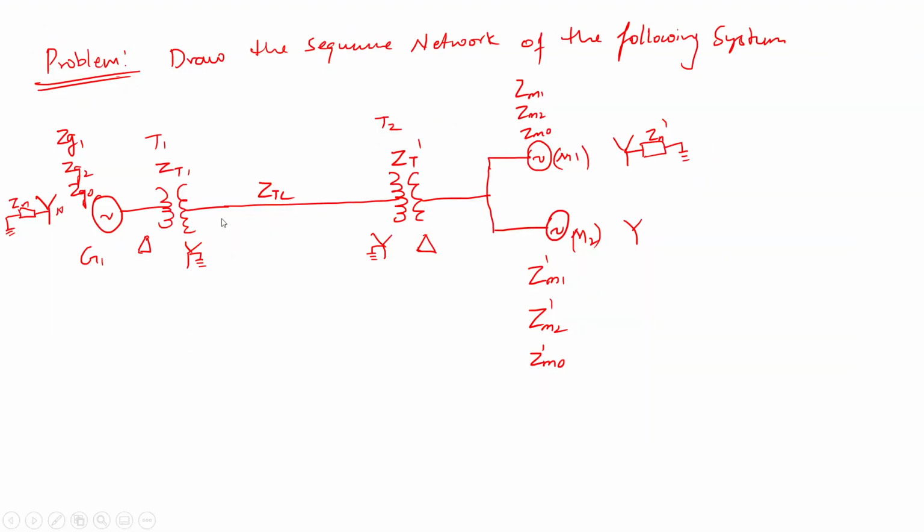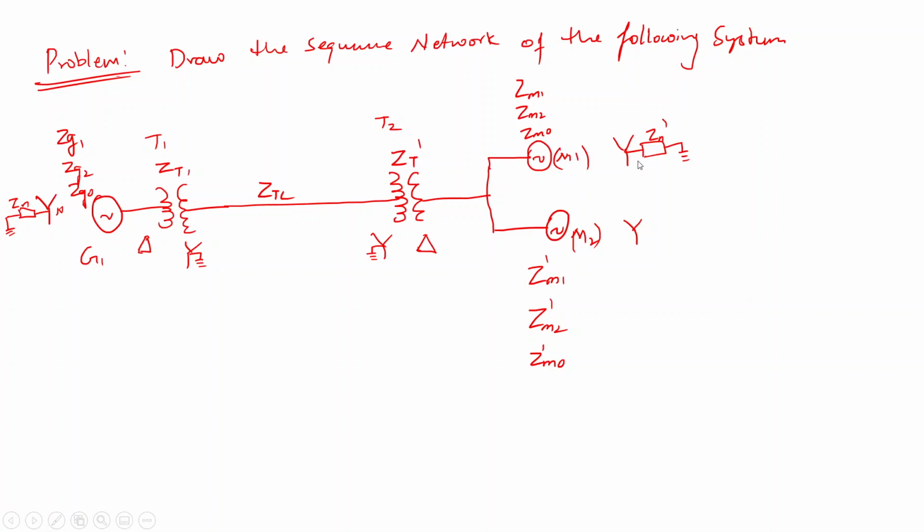So we have ZT1 and ZTL, as well as two motors. The first motor M1 also has three symmetrical component impedances, ZM1, ZM2, and ZM0. For M2 we have ZM1 dash, just to differentiate motor 2 from motor 1, we put a dash on top.